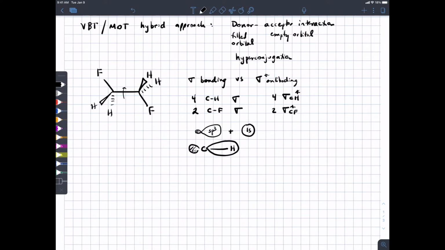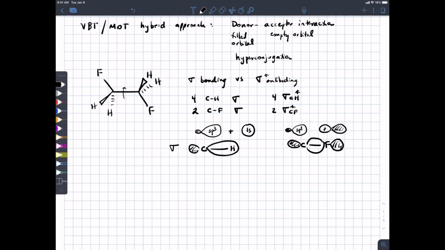Similarly, if we were to overlap an sp3 orbital on carbon, probably with the corresponding p orbital on fluorine, we would expect a bonding orbital that looked like this, with a lobe between the two nuclei and then lobes on either side with the other phase.